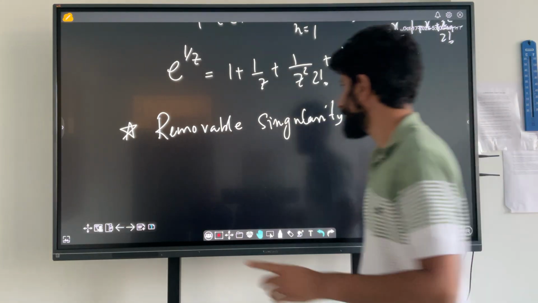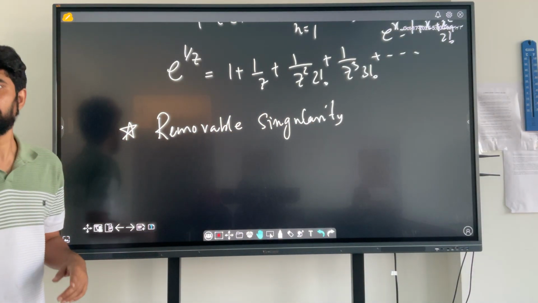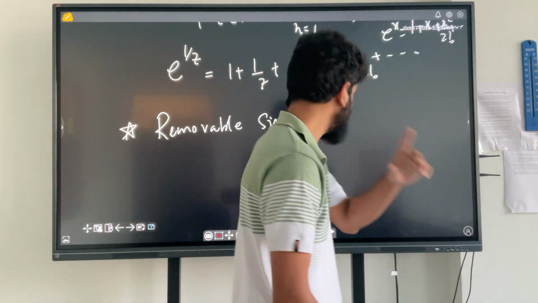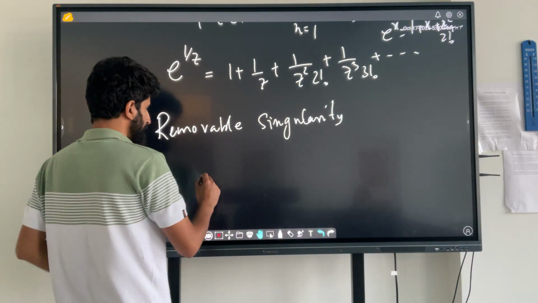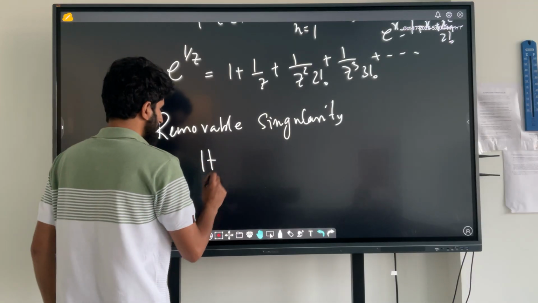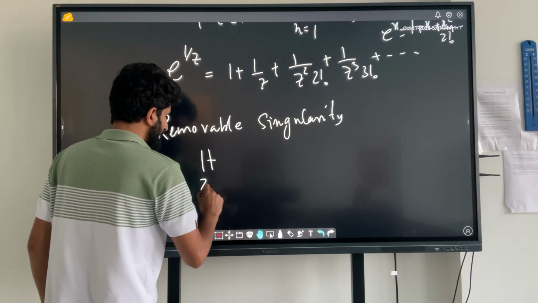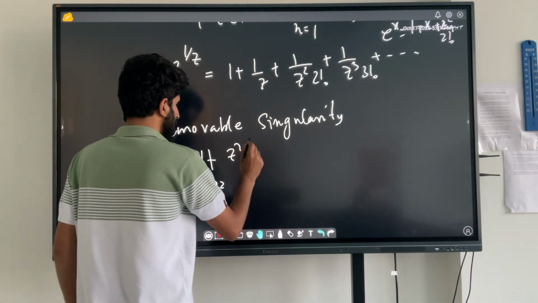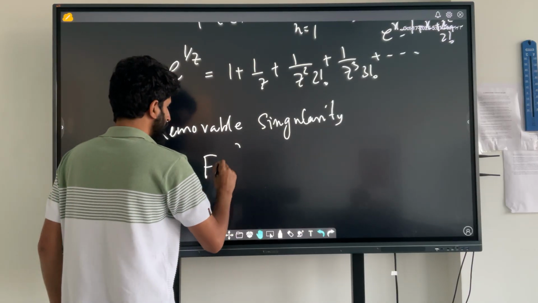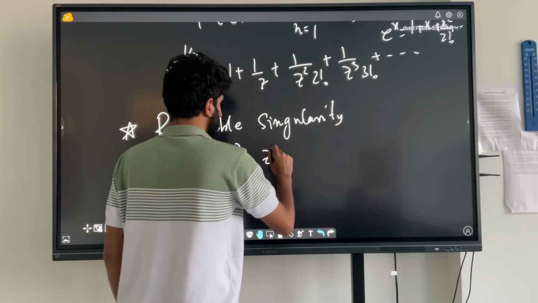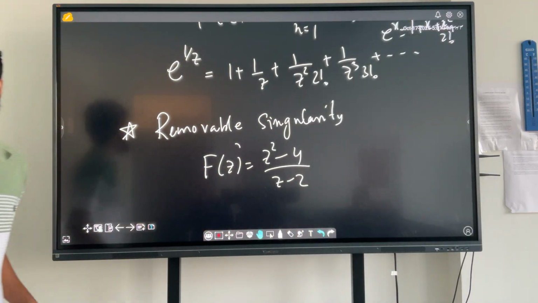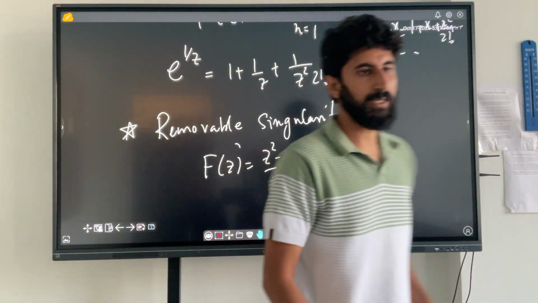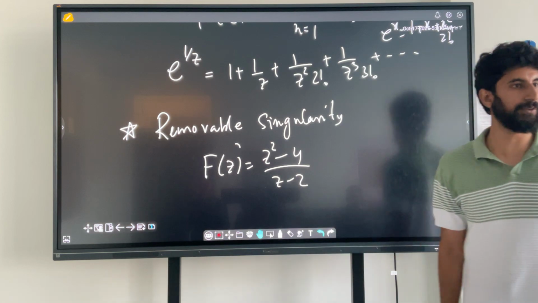For example, you just removed one singularity in the beginning of the class. How about this function: f of z equal to z square minus 4 divided by z minus 2. What about at z equal to 2? It's 0 by 0, not defined.